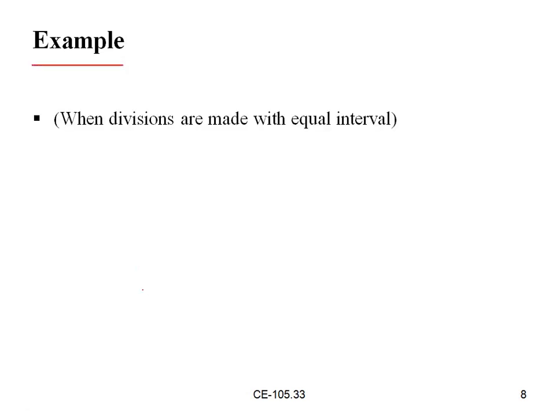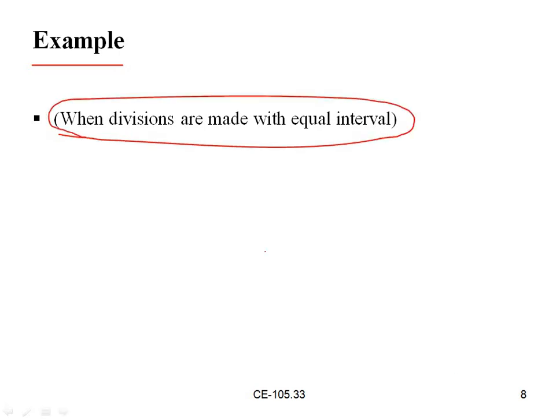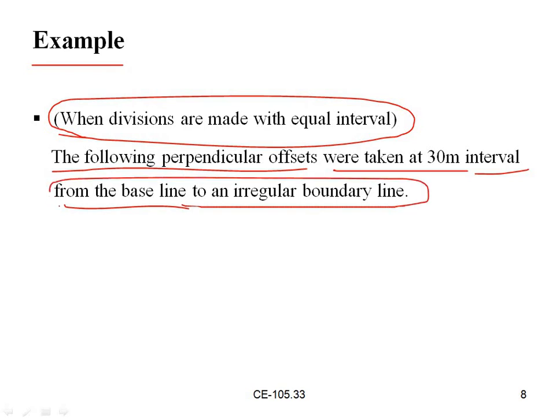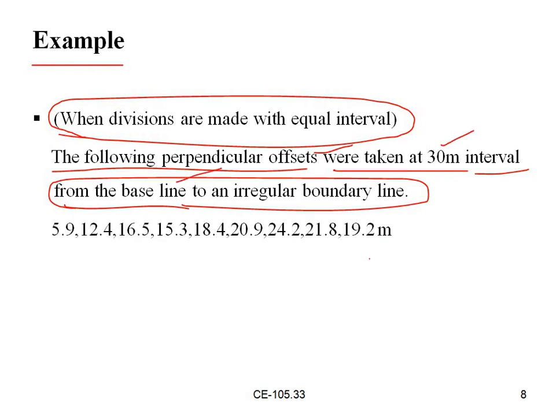So for example, let's see the problem. When divisions are made with equal interval, suppose the following perpendicular offsets were taken at 30 meters interval from the baseline to an irregular boundary line.